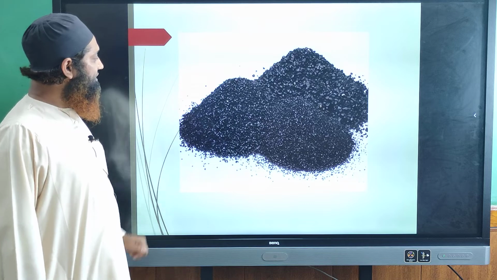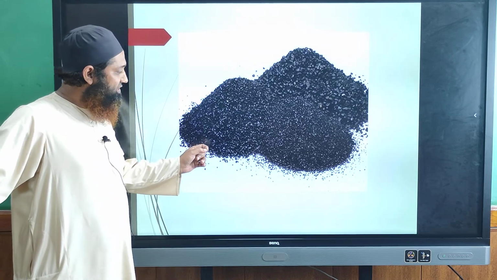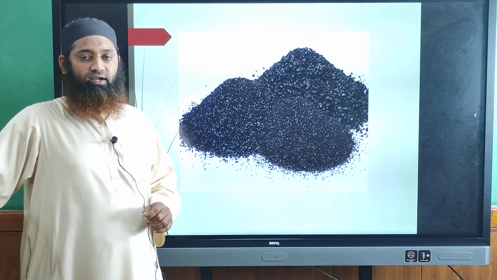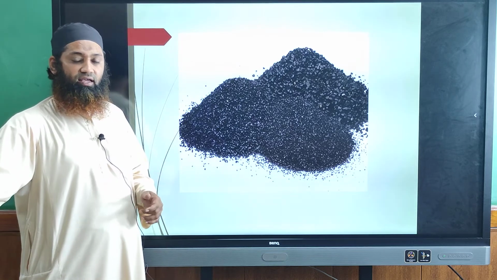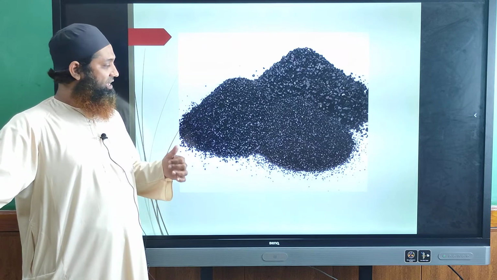You can see here, this is the slag. The size of these slag particles is a little bit bigger than fly ash and the cement.